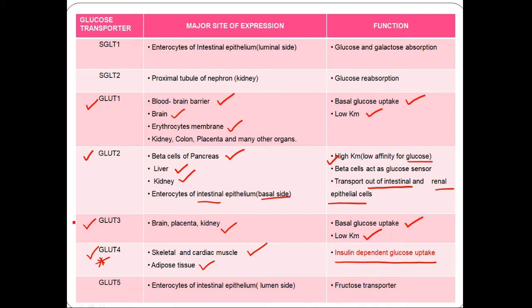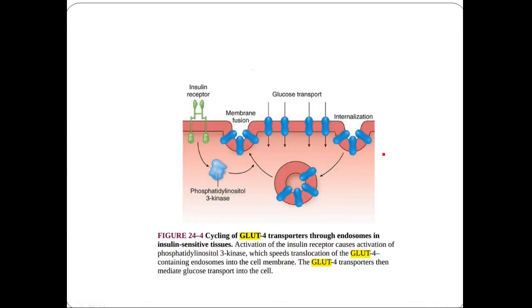One more thing, all the other SGLT and GLUT are constitutively expressed in the cell membrane, but only GLUT4 is present inside the cell in the vesicle, and it comes to the membrane only when insulin binds to the insulin receptor which is present in the cell membrane of these cells which contain GLUT4 vesicles. Suppose this is a skeletal muscle cell and these are vesicles which contain GLUT4.